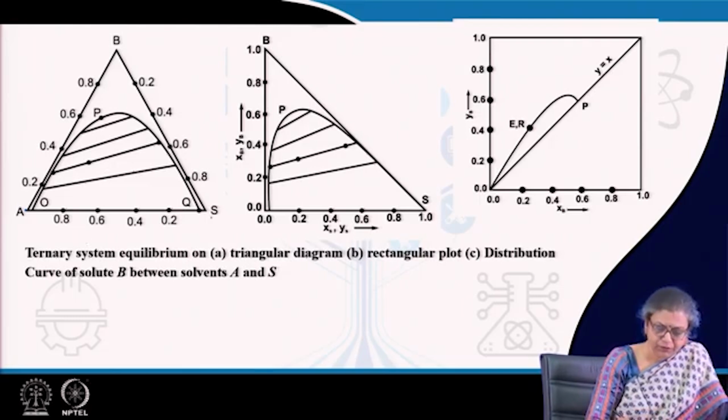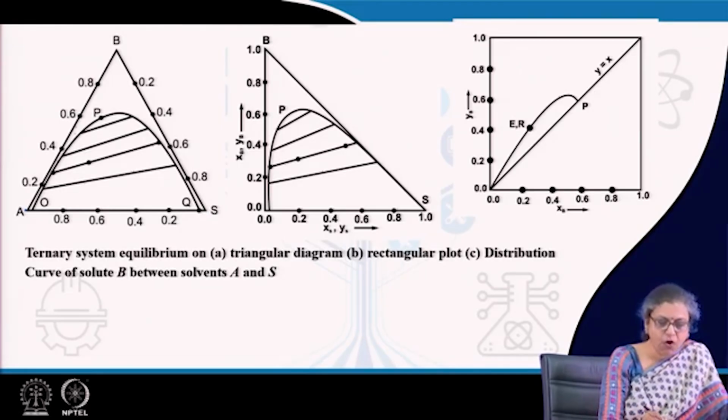Same way, the arm BS gives you the composition of the solution of B and S, and this gives you the composition of the solution of A and S, and inside this all the three components are present.